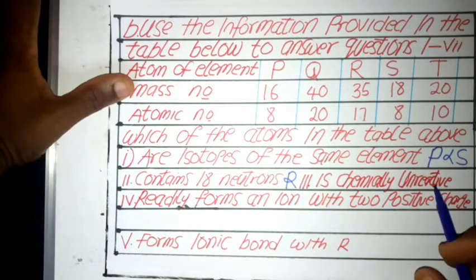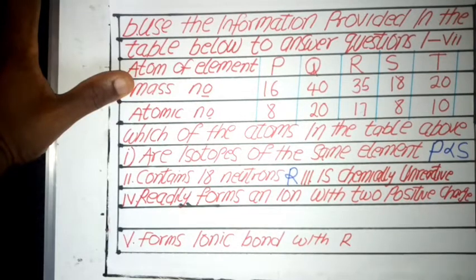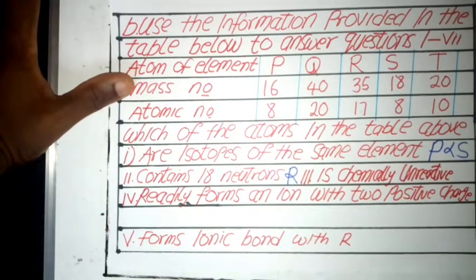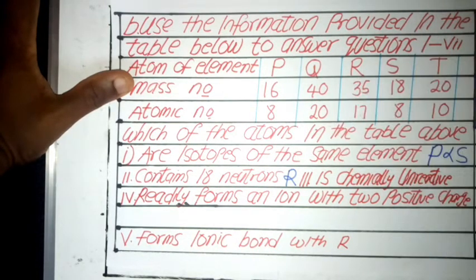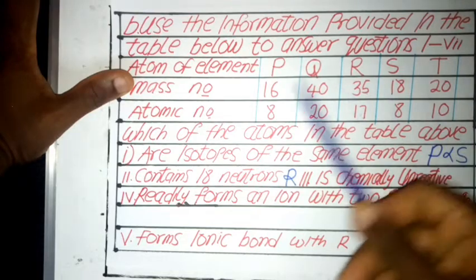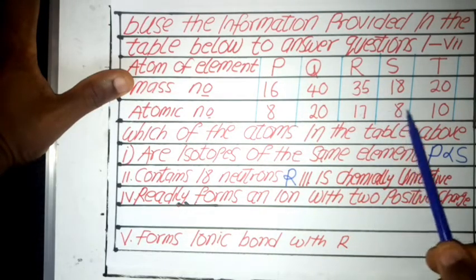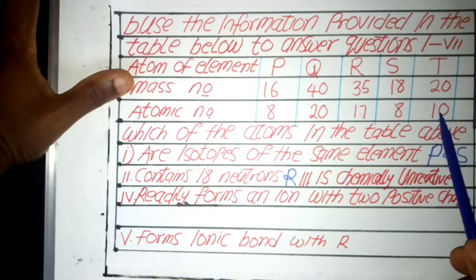Is chemically unreactive. When we say chemically unreactive, those elements in group 8 or group 0, noble gases or inert gases, they are chemically unreactive. So which of them here is in that group? Okay, that should be this.